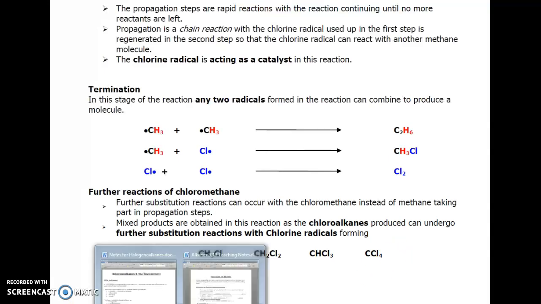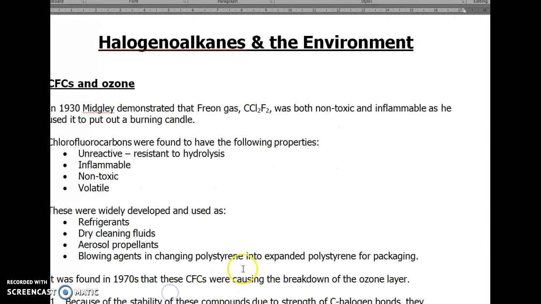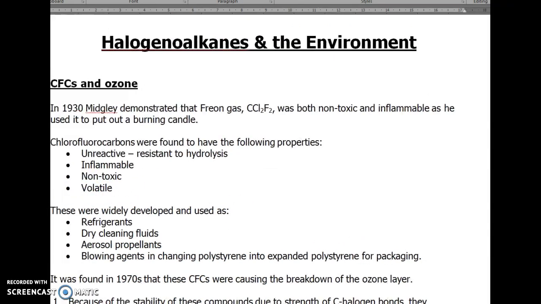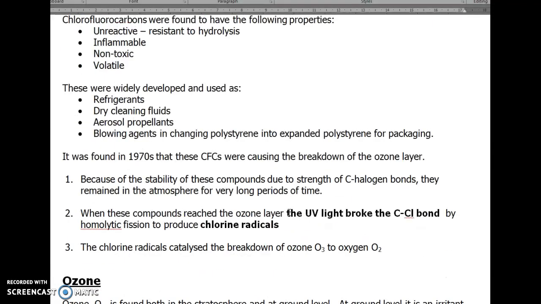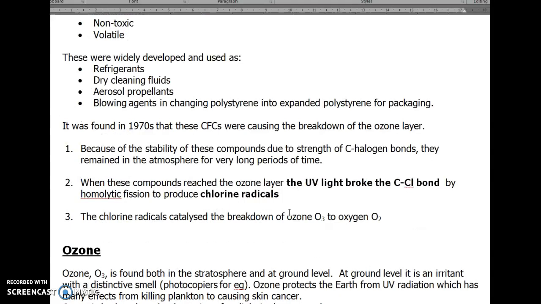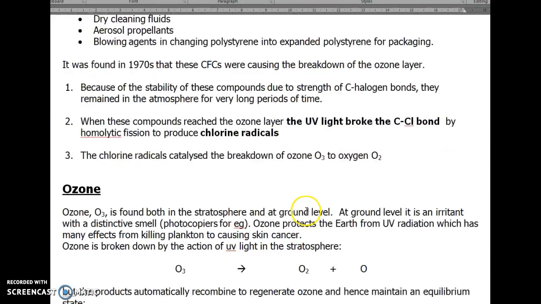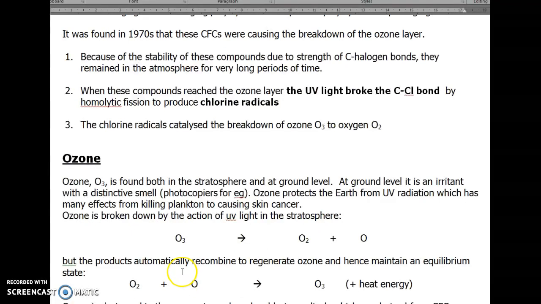Okay, so that's the simplest version of this free radical substitution. Now, the other version we've alluded to is with CFCs and ozone. So chlorofluorocarbons catalyze the breakdown of ozone. Now ozone is this strange looking molecule with the formula O3. It has a wonderful effect because it protects the Earth from the high energy UVB and UVC radiation.